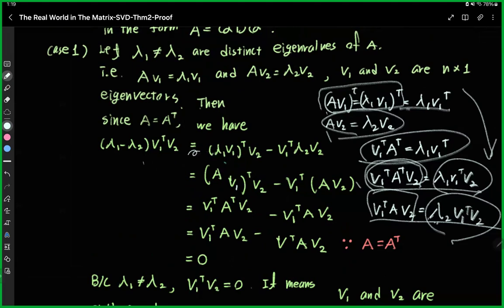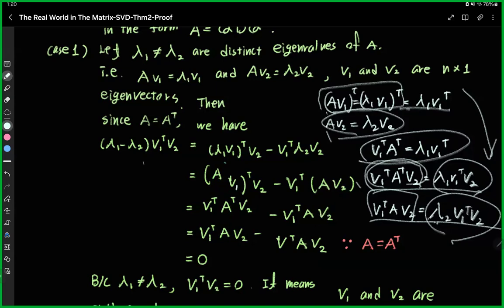I just distribute the scalar, because lambda 1 and lambda 2 are scalars. Lambda 1 V1 transpose is (A V1) transpose, and lambda 2 V2 is A V2. Taking the transpose, we get V1 transpose A transpose, but A transpose equals A, so we get V1 transpose A V2 on the right-hand side.